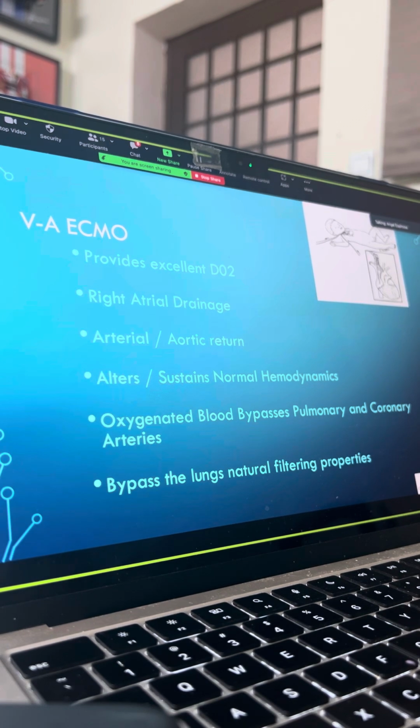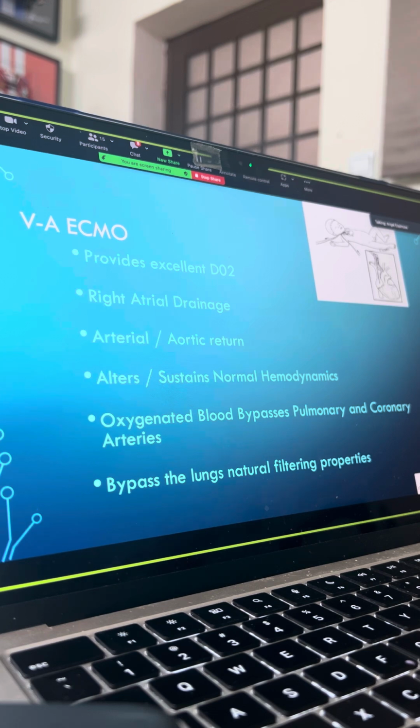In the case of VA ECMO, the good thing is that the VA ECMO will provide excellent oxygen delivery. It will do right atrial drainage. It will give aortic return of the blood. It helps us to sustain normal hemodynamics, to recover our patient to normal hemodynamics when we have bad left ventricle function.